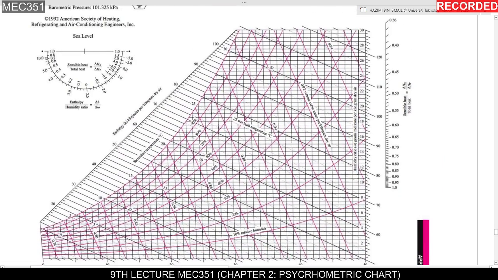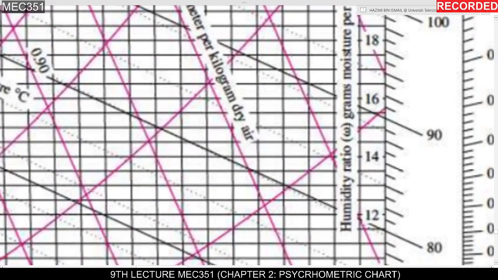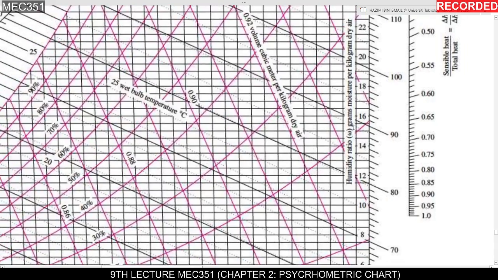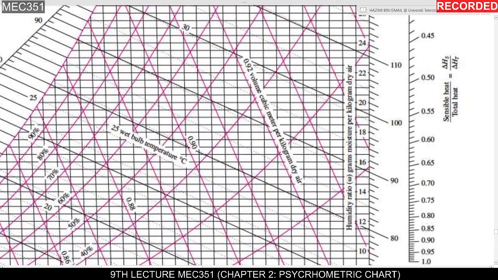That represent the value of humidity, specific humidity, omega. You can see here the symbol of omega. So this is specific humidity. But be careful, the value here is in the unit of gram per kilogram, not kilogram per kilogram. So you have to convert gram to kilogram by dividing by 1000.